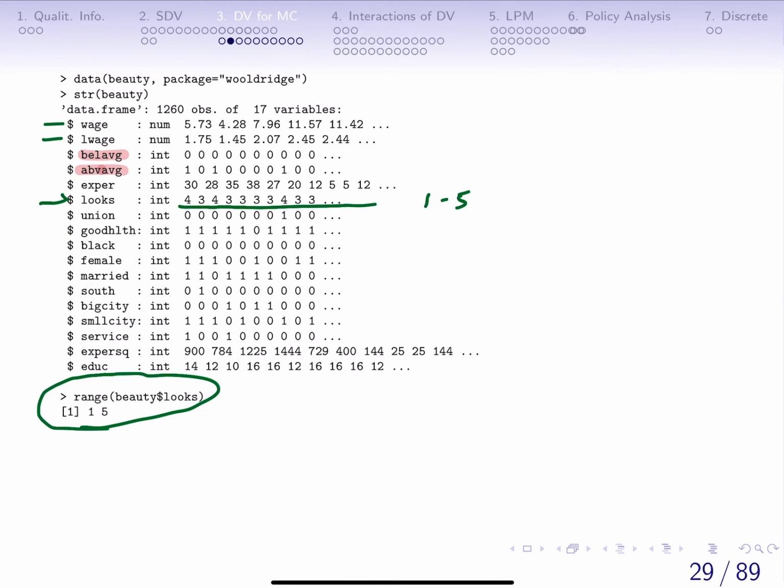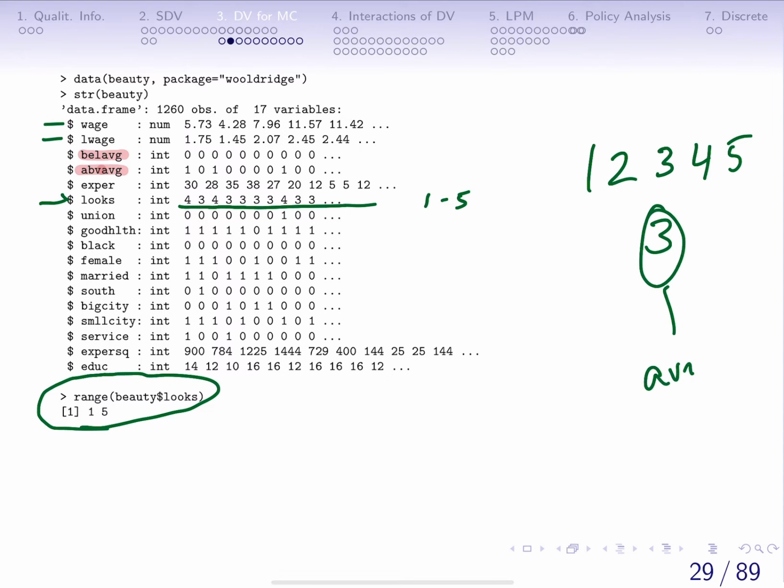So if we took 3 as the midpoint, because 3 was average looks, then we can construct below average and above average as 2 dummy variables that take the value of 0 and 1 depending on whether looks are below or above average, right?